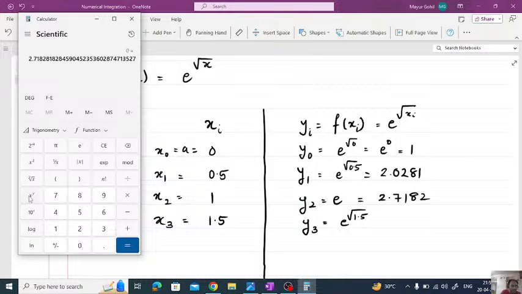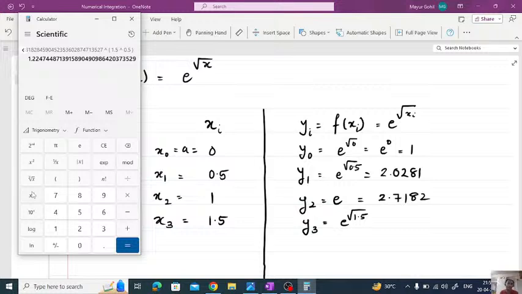E power 1.5, power 0.5. Is it giving you 1.22?